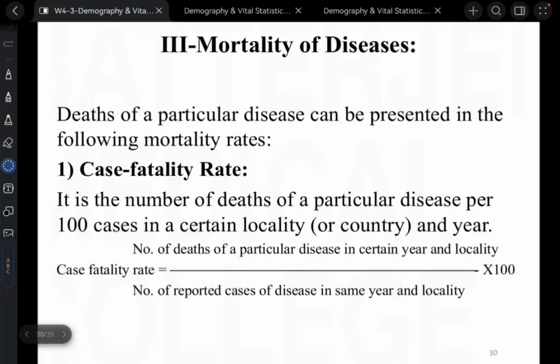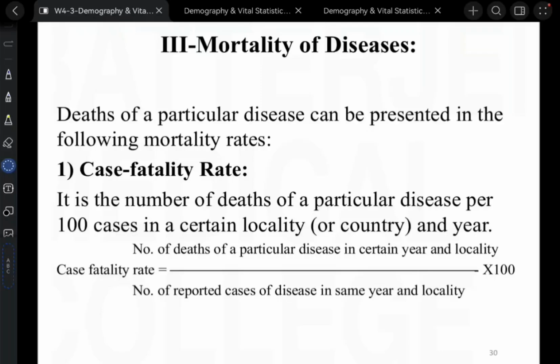It is the number of deaths of a particular disease per 100 cases in a certain locality or country. It's calculated using this equation: the case fatality equals number of deaths of this disease over the reported number of cases of this disease in the same year times 100.